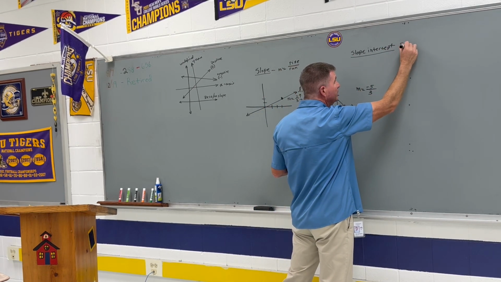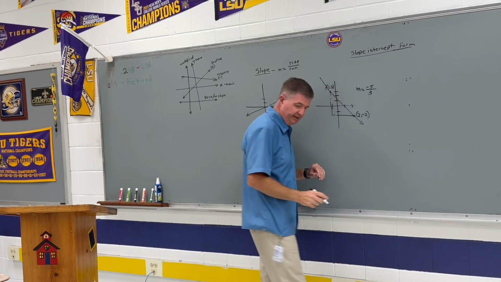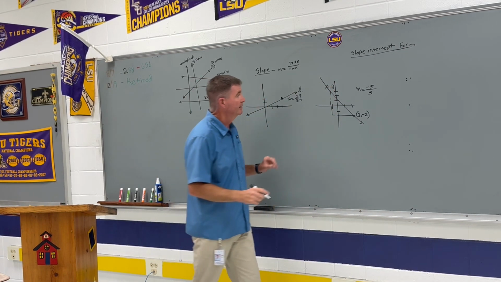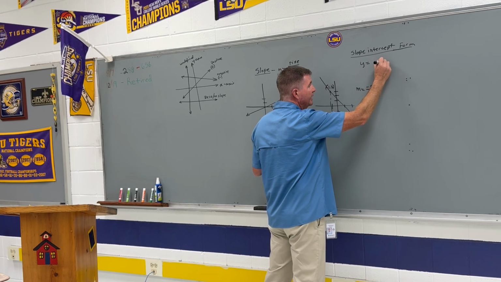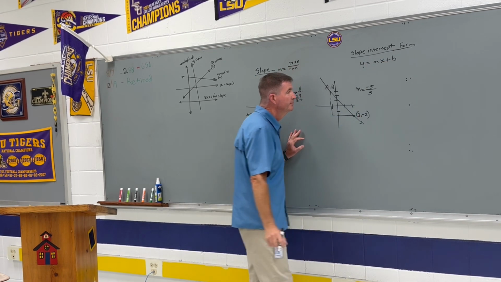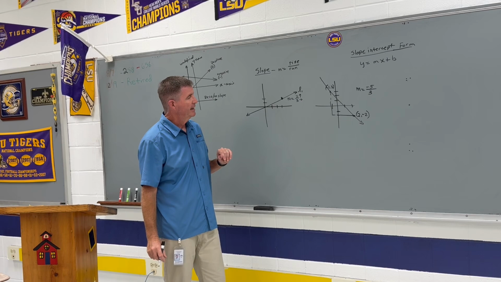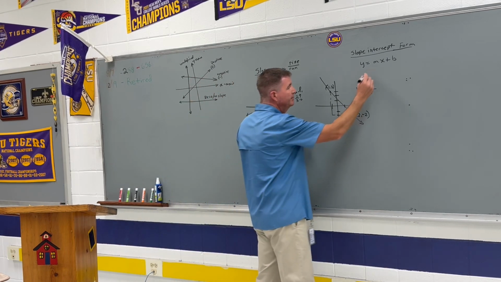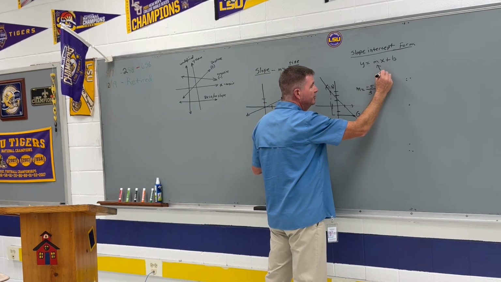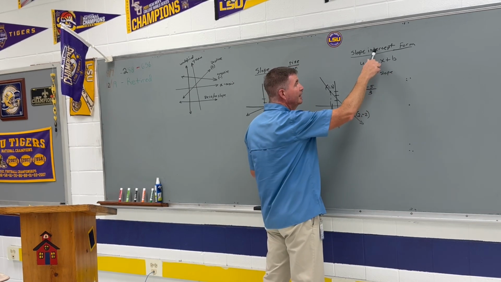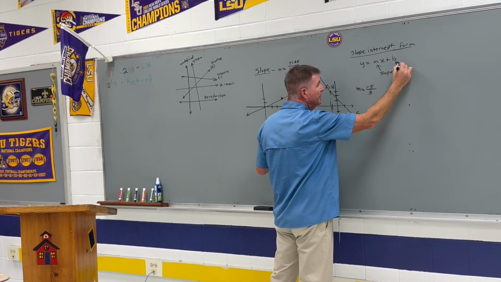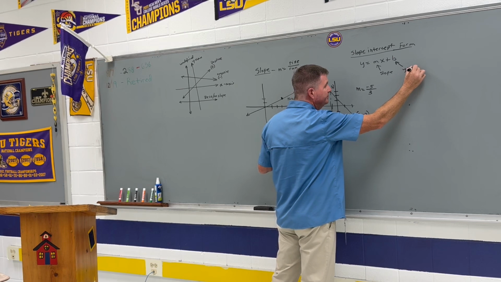It's going to look like y equals mx plus b. Y equals mx plus b, where m is going to be the slope and b is going to be the y-intercept.